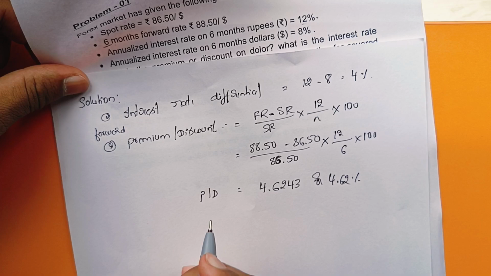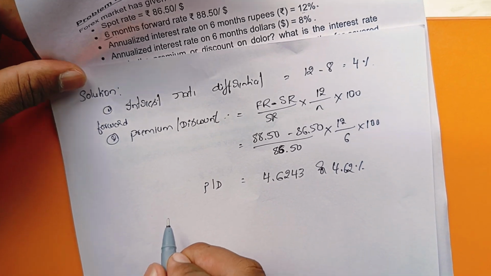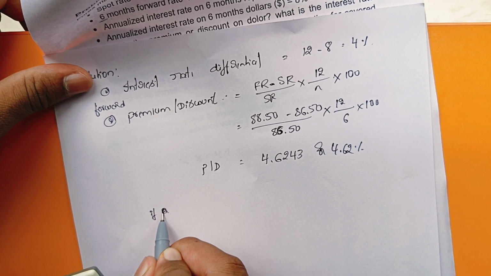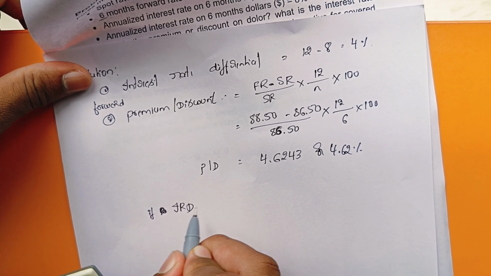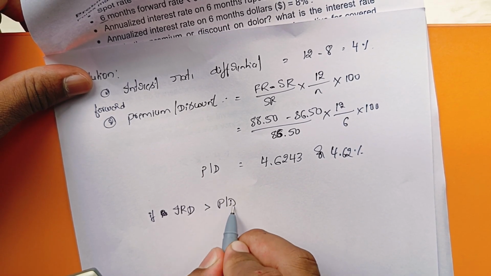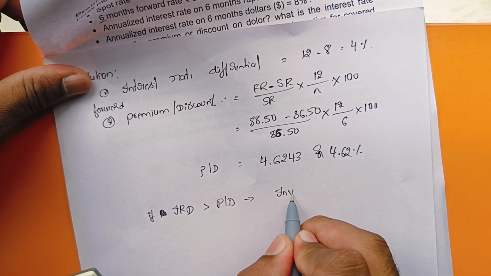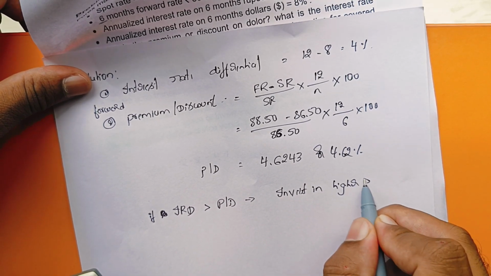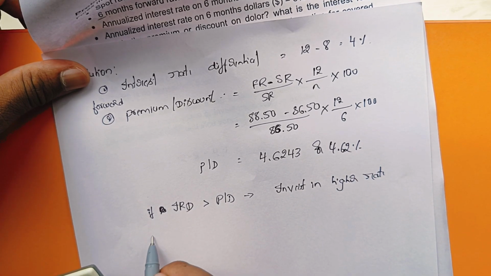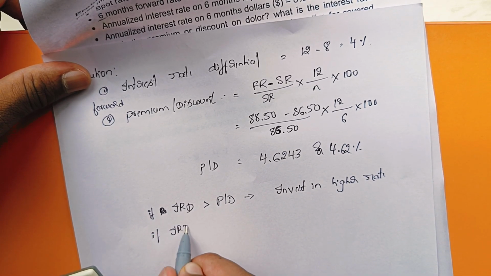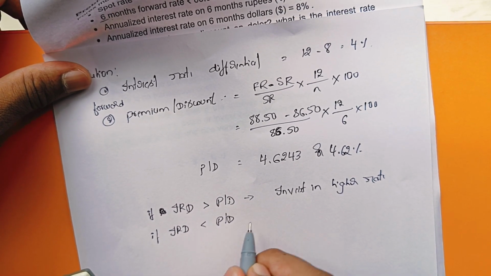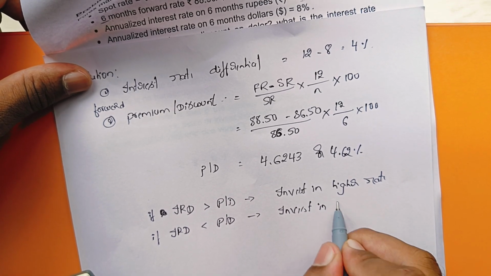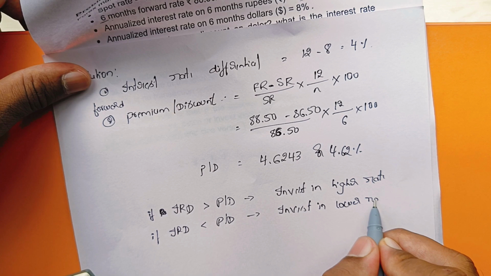As I told you, the rule is: if the interest rate differential is greater than premium or discount, invest in the higher rate. If the interest rate differential is less than premium or discount, invest in the lower rate.